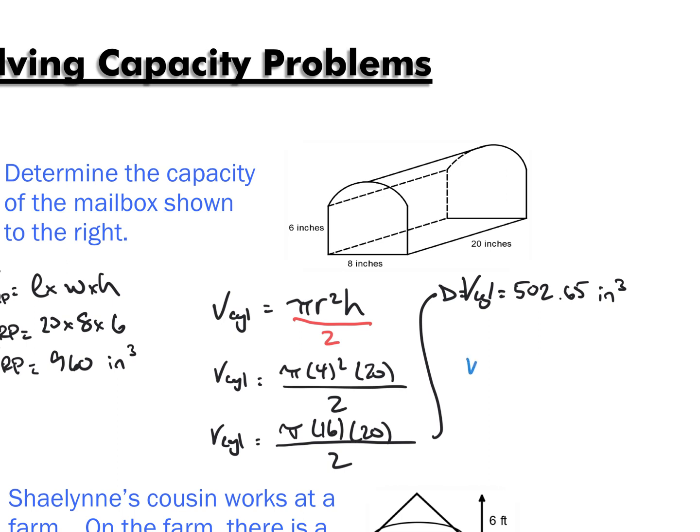So then the overall volume is 960 plus 502.65, and that's going to be 1462.65 inches cubed. That is our final answer.